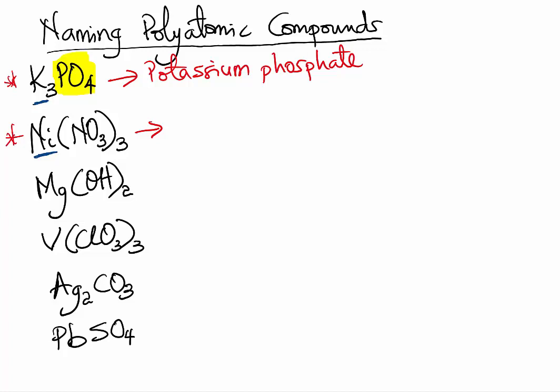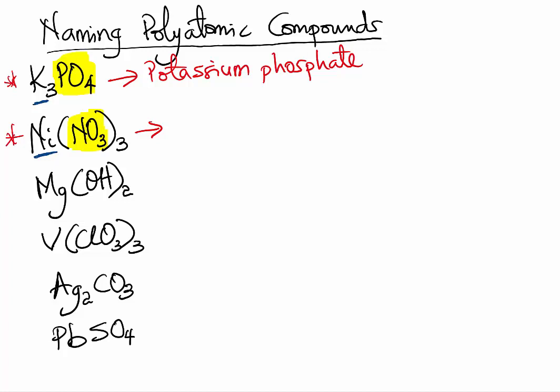And to do that, we would begin from the polyatomic ion side. This is NO3. That is nitrate. Nitrates always have a charge of -1. Go and look at the polyatomic ions that we learned about.